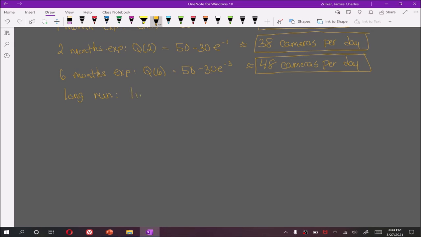Well, that is the limit as t approaches infinity of Q of t. And in our analysis I saw that was going to be a, which is 50 cameras per day. All right, so it's expected that the average experienced employee will be producing 50 cameras per day.